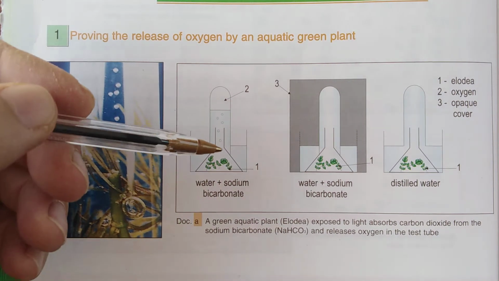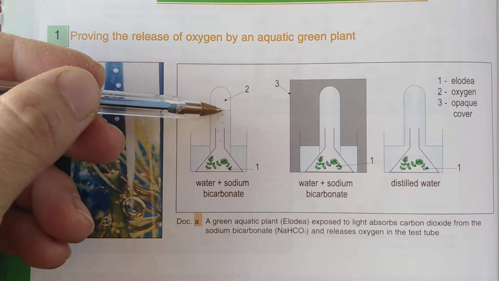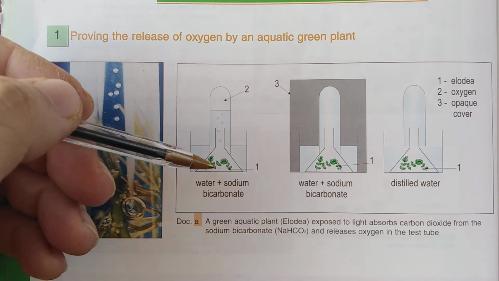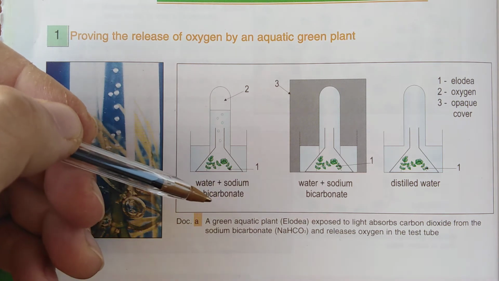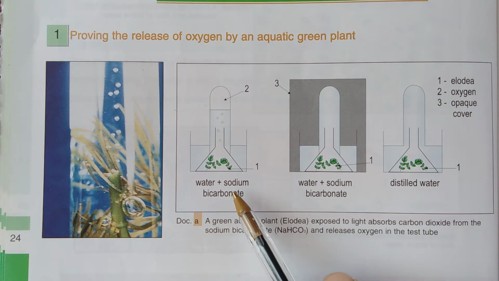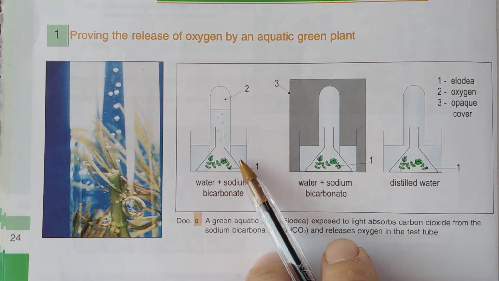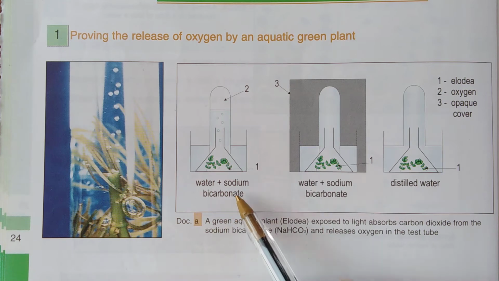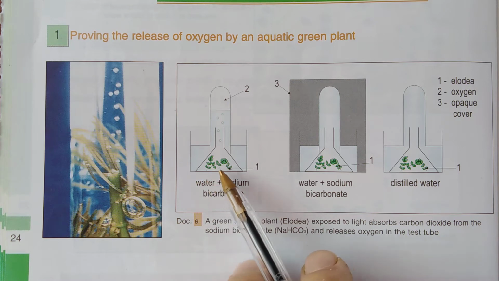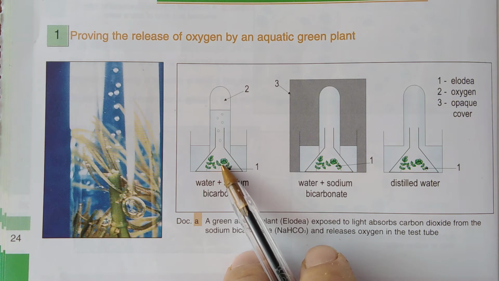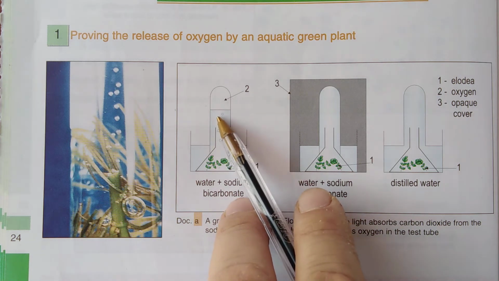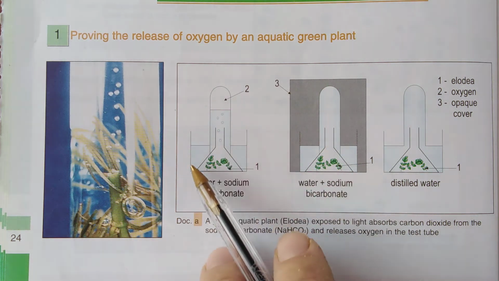So by this experiment, the liberation of oxygen gas indicates that photosynthesis is taking place in these green plants. As a source of carbon dioxide, sodium bicarbonate produces carbon dioxide which is soluble in water, along with water which will react with carbon dioxide in the green leaves, which will make photosynthesis produce the oxygen gas in the presence of light.